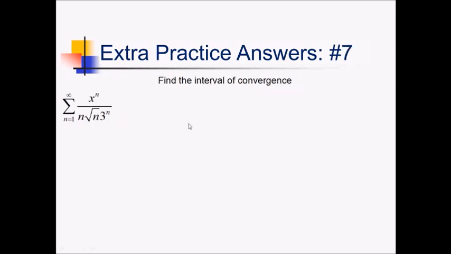On this problem, I want the interval of convergence for this series. All right, since this is not a geometric series, at least not quite, we're going to have to go ahead and use the ratio test for this. So let me set up the limit as n approaches infinity of the absolute value of, and now we have a huge fraction. In the top we have the n plus 1th version of this.